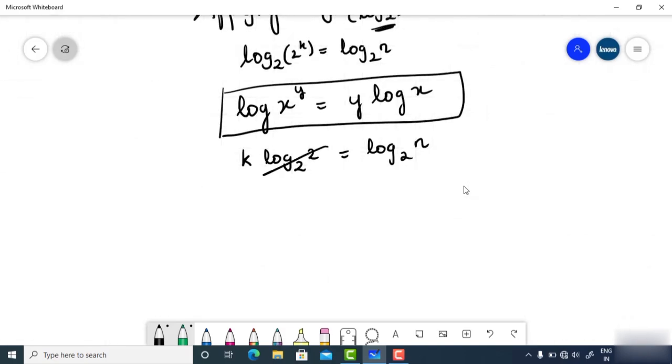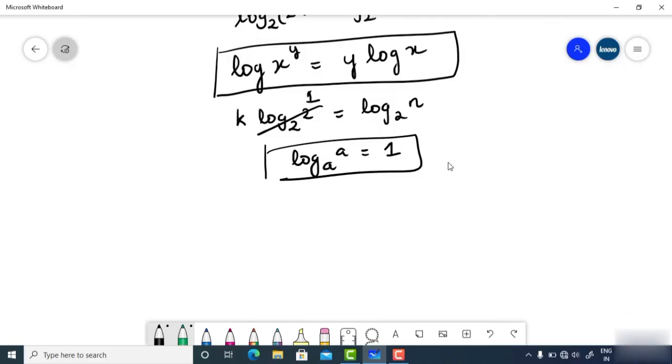And this will be 1, right? Whenever the base and the argument are the same, log of the same base and number will always become 1. So applying that, what I will end up with here is k equals log base 2 of n, right?